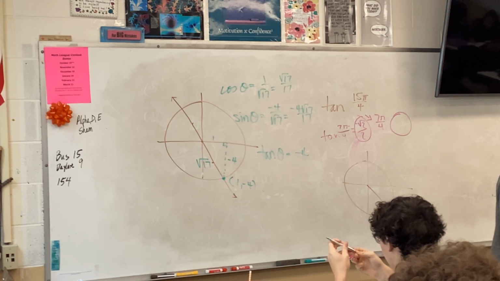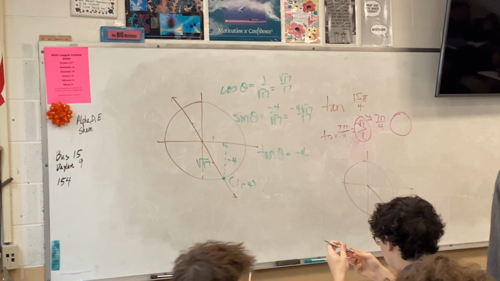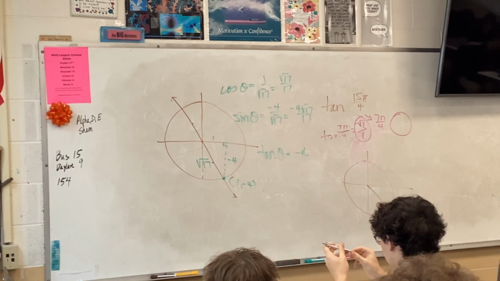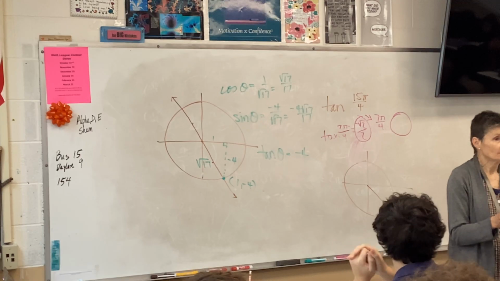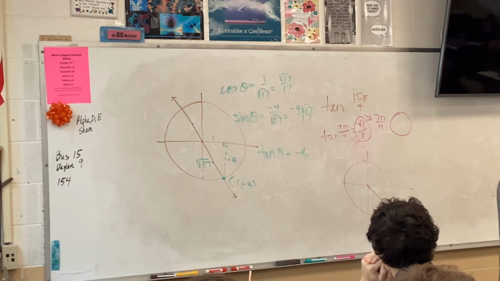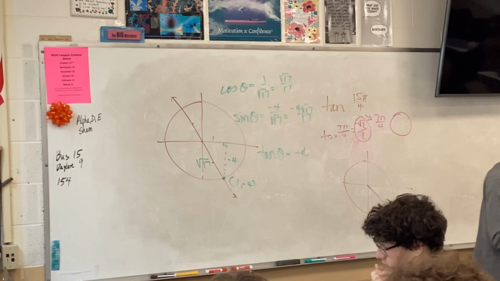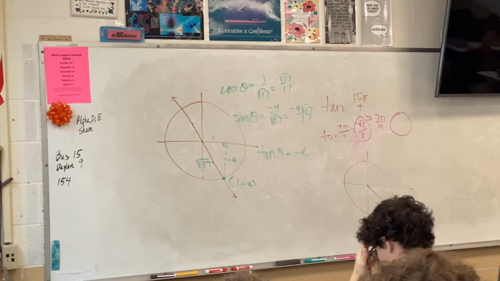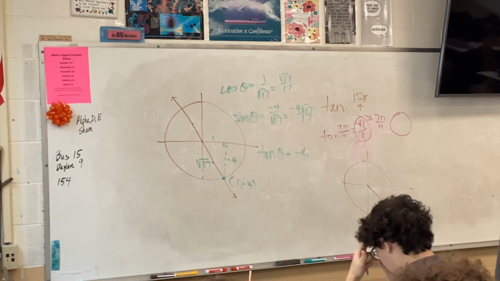Well, first of all, is the rate of change positive or negative? Negative. Why is the rate of change negative? Because the slope is negative. Okay, so the rate of change is negative. Is it increasing or decreasing? Decreasing because it is concave down. Yep, yep.